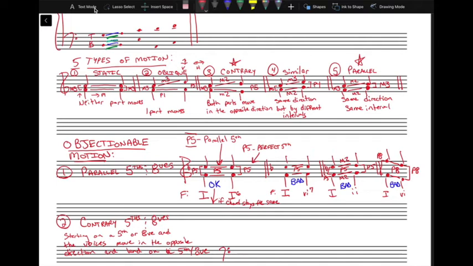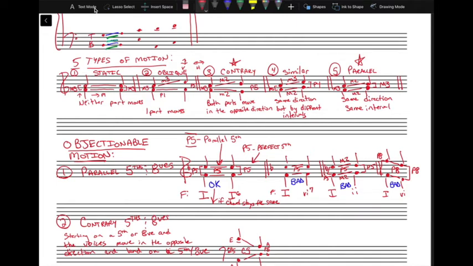So let's say we're starting on an A and an E. And then the bass goes to the D, tenor goes to the A. So we have an A and an E, which is the interval of a perfect fifth. Then we're landing on the pitch of D and A, which is also a perfect fifth. This gets labeled as contrary fifths, or fifths by contrary motion.